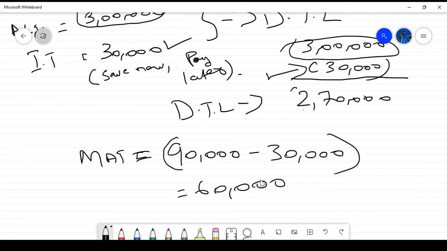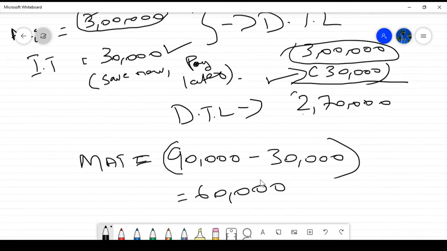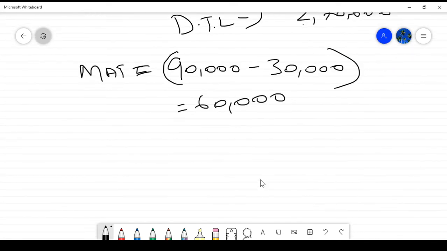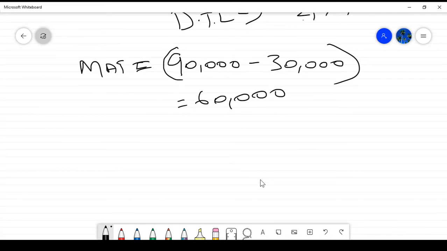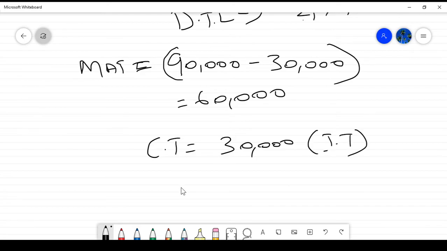Okay, so what I am trying to say here, what is my actual tax? Current tax 30,000 calculated under the IT Act. Then deferred tax 2,70,000.